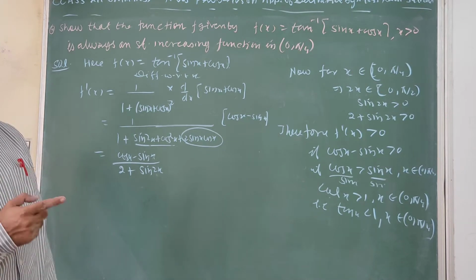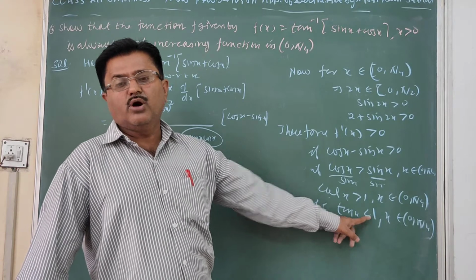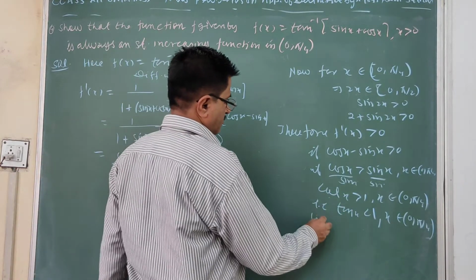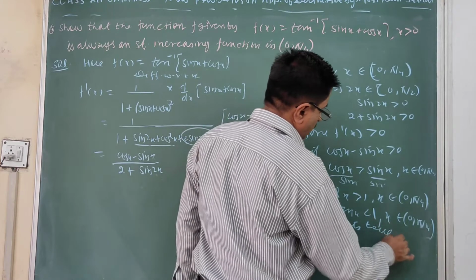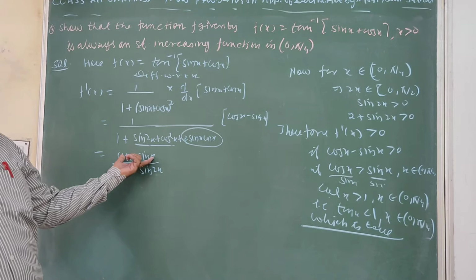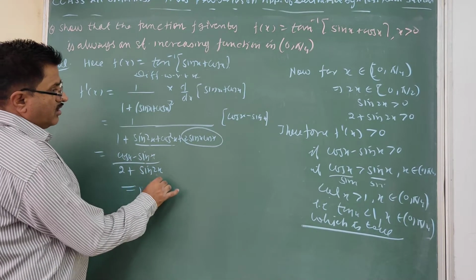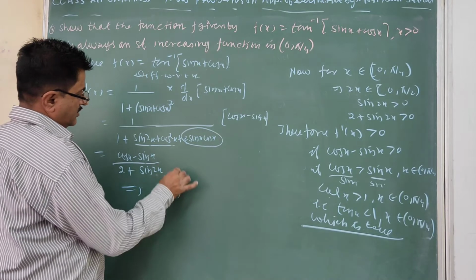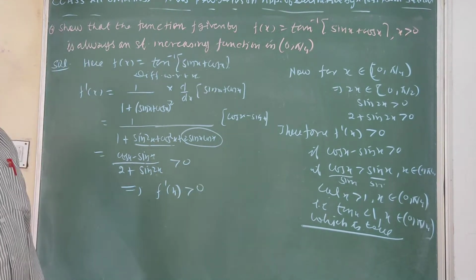So from 0 to pi by 4, the value of tan is less than 1, which is true. So what did we prove? We proved that the numerator is positive and the denominator is also positive.